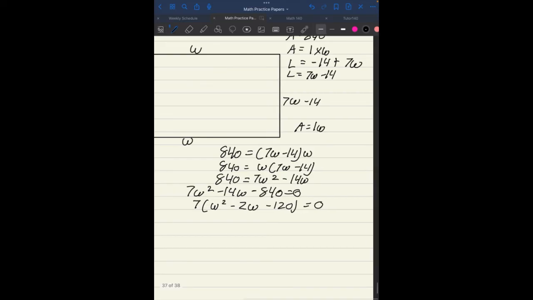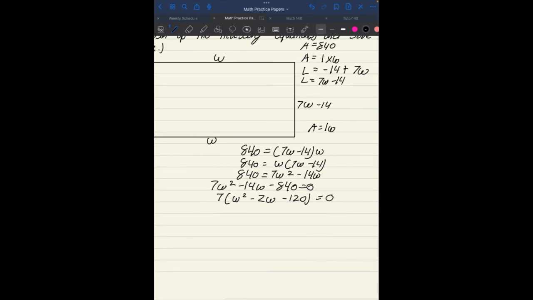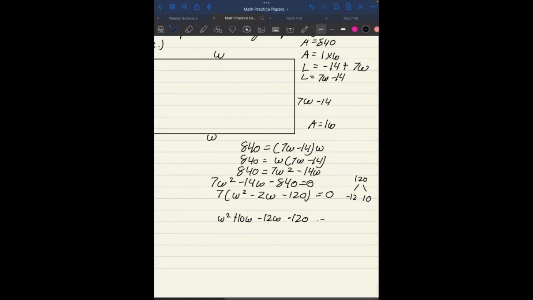So now we have to find factors of 120 that add up to negative 2. So the factors of 120 that add up to negative 2 are negative 12 and positive 10, because if you add 10 to negative 12, that's negative 2. So we could rewrite this as w squared plus 10w minus 12w minus 120 equal to 0, right?